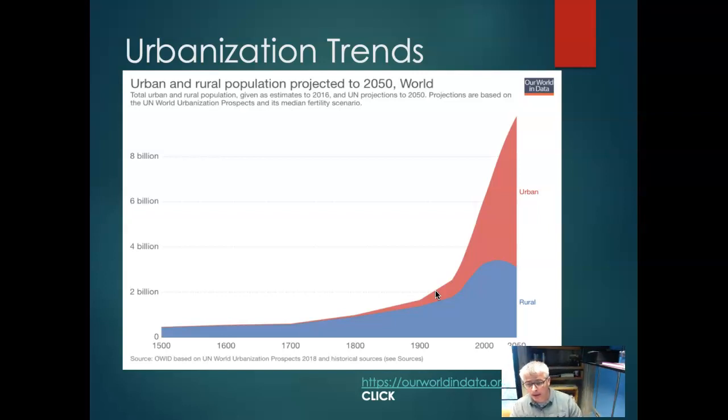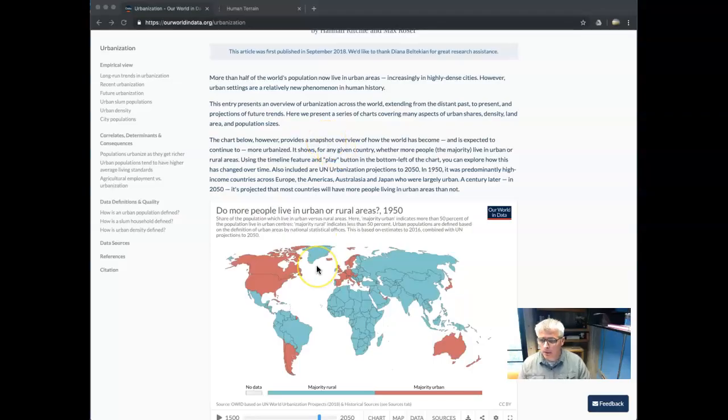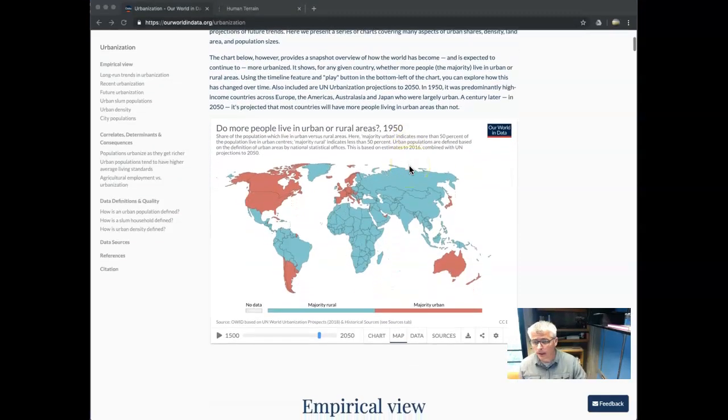So now I can follow this link here and look at what that rural urban trend looks like both in the US and Canada. So this shows globally if the majority of individuals living in a country live in a rural or an urban setting.